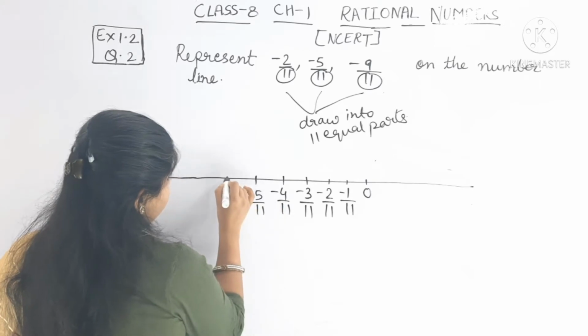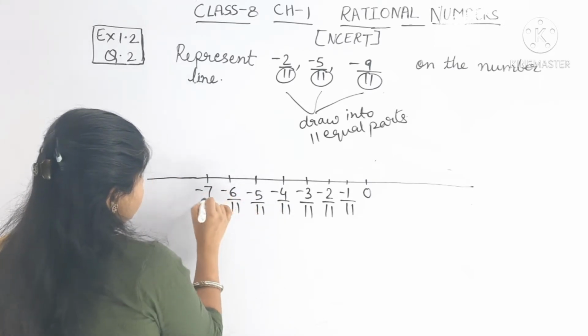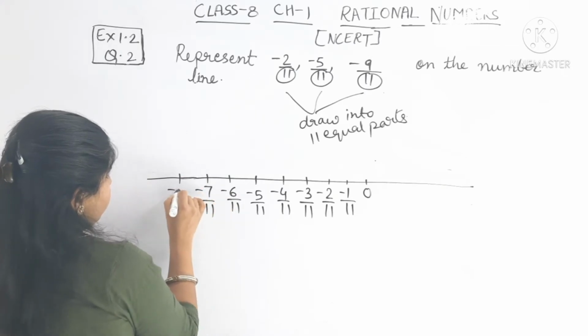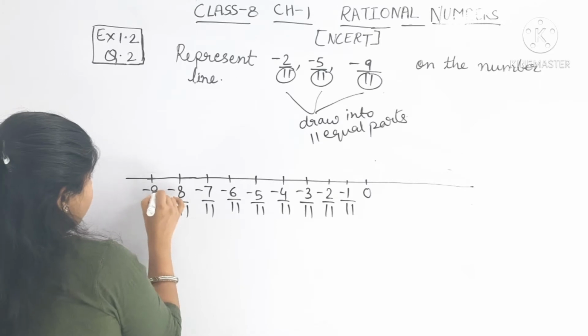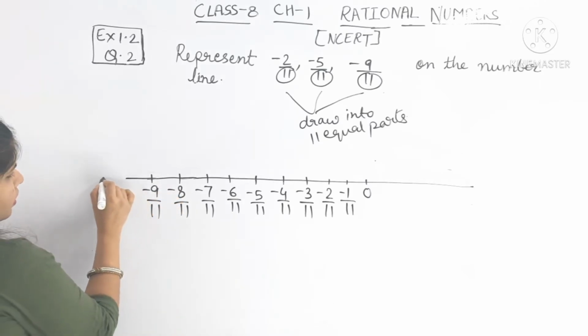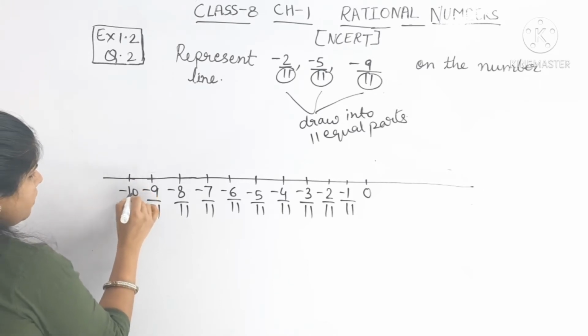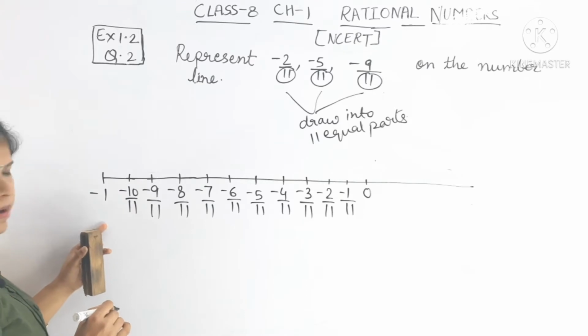-5 by 11, then -6 by 11, then -7 by 11, then -8 by 11, then -9 by 11. Okay, then -10 by 11, and here is -11 by 11 is -1.